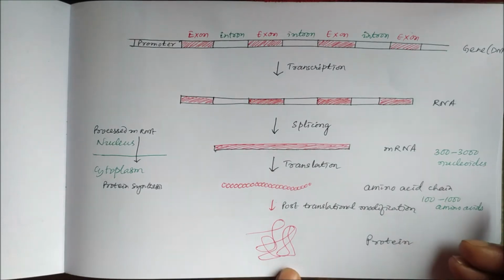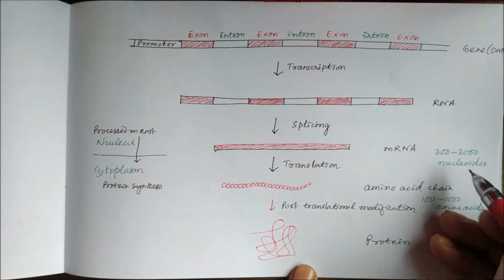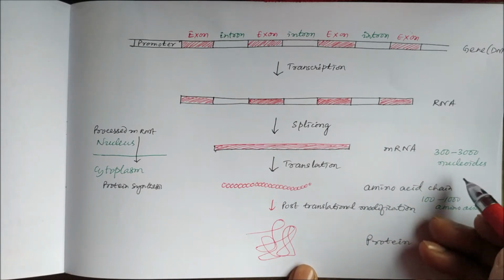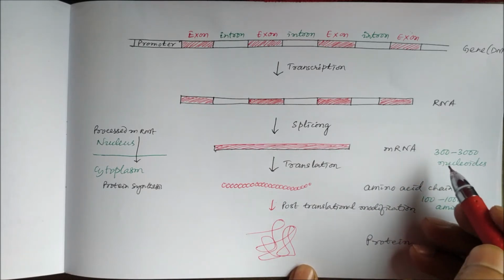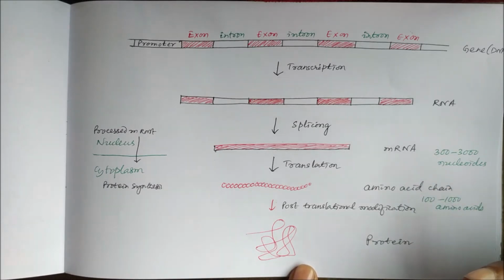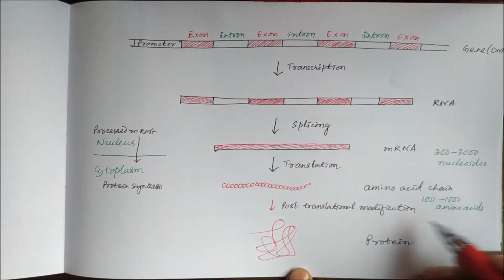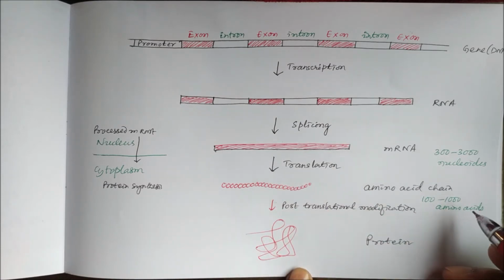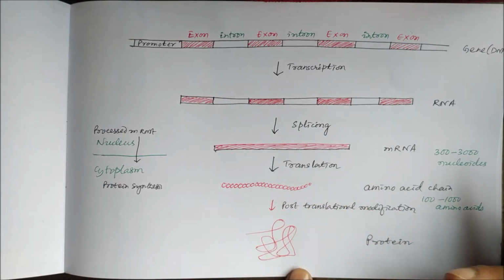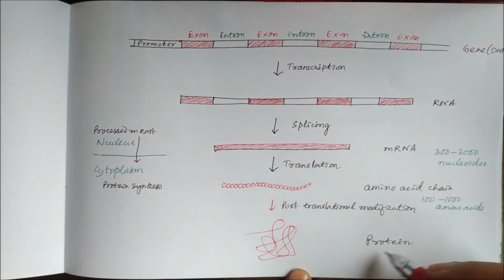And if you see, this messenger RNA has 300 to 3000 nucleotides. So as we know, every 3 nucleotides code for one amino acid. So we can have 100 to 1000 amino acids. So this amino acid chain, after some post translational modification, will lead to the protein.